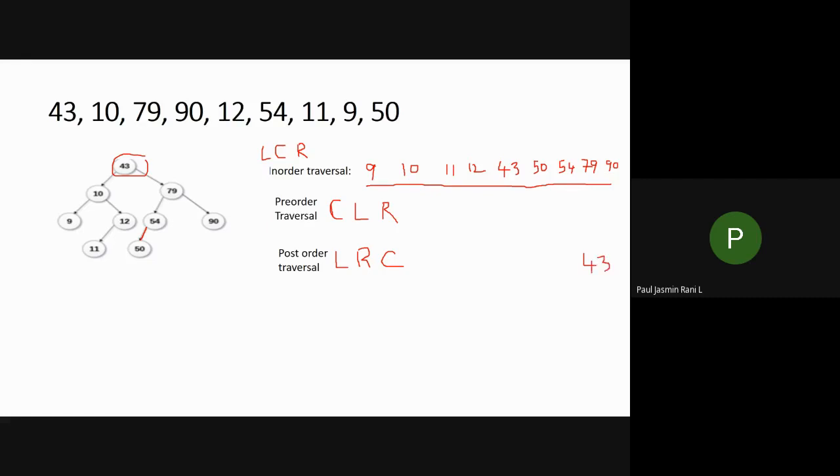And if you take pre-order traversal, you will get 43 as the first element. This is the difference between pre-order and post-order traversal. So complete these two, pre-order and post-order traversal, in your notebook. I will post the PPT in your Google Classroom, and you can verify your answer over there.